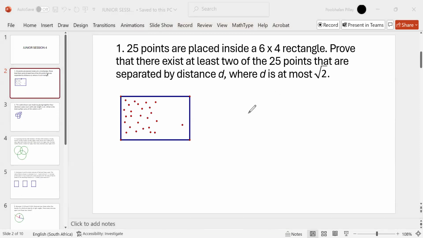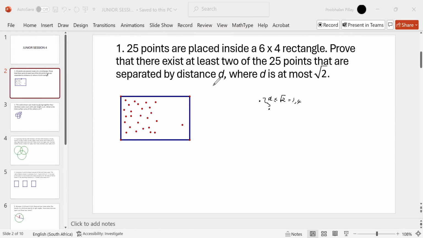It means it's not greater than, so we can say less than or equal to square root of 2, which is 1.4 something.